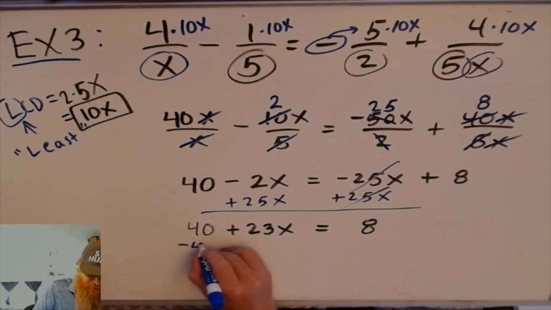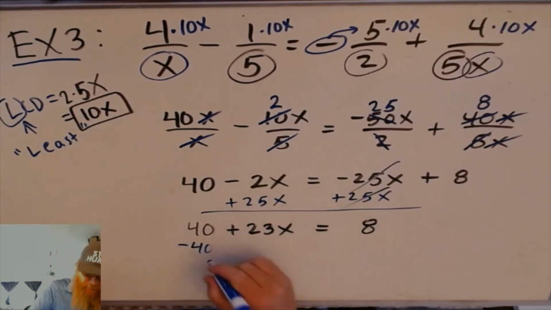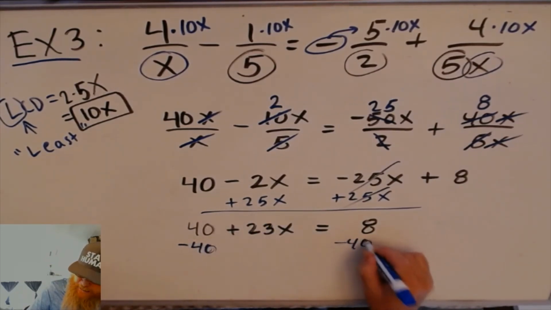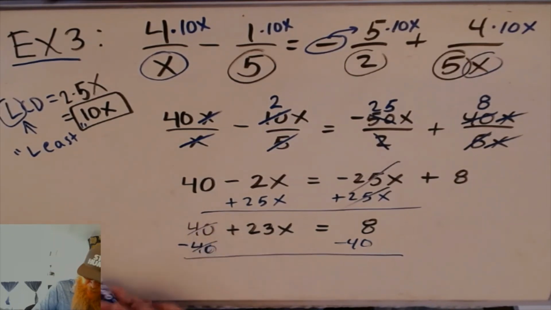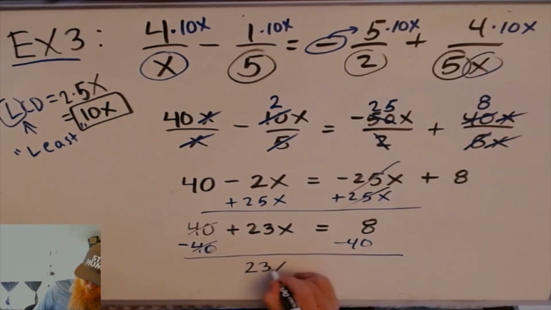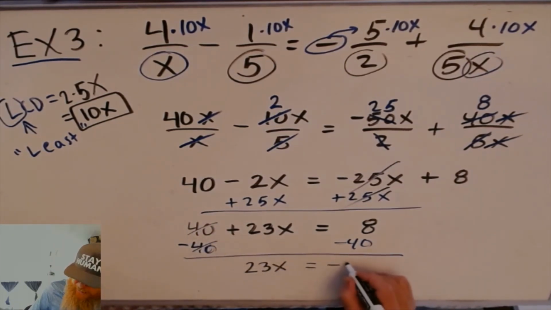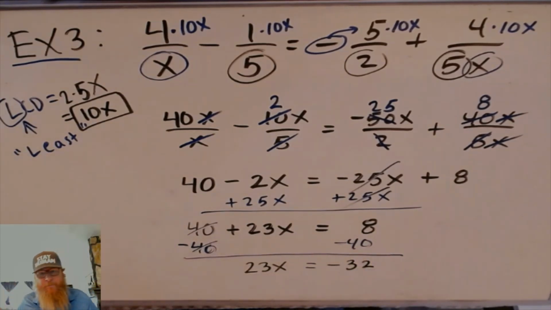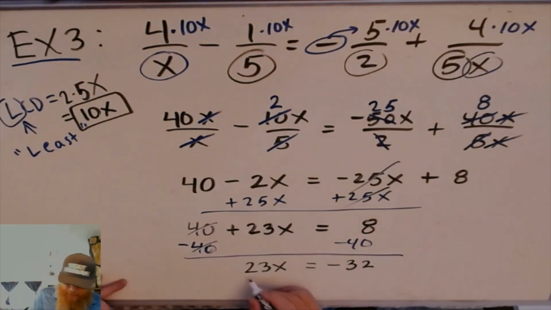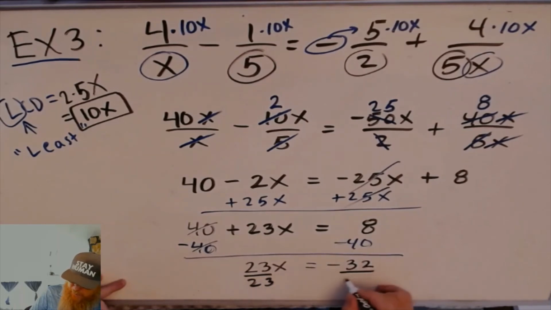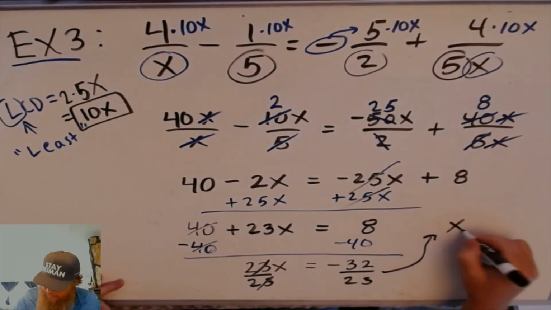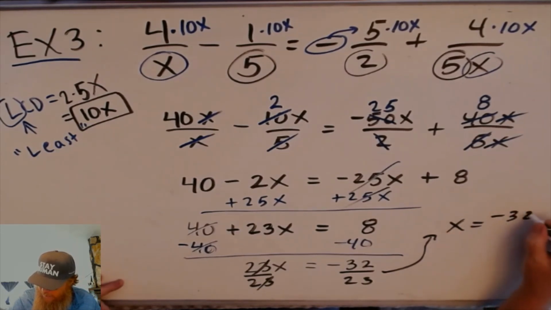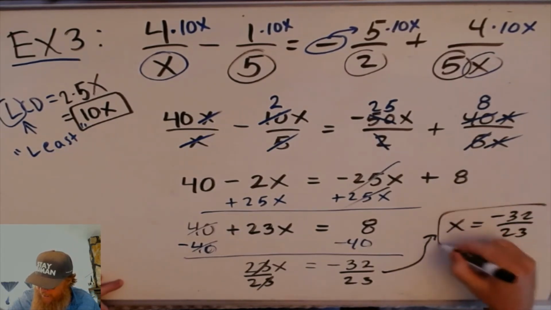And now once I move my x to the left, I'm going to move my constants over to the right. So I've got 23x equals negative 32. Divide both sides by 23. And I get negative 32 over 23 as my candidate.